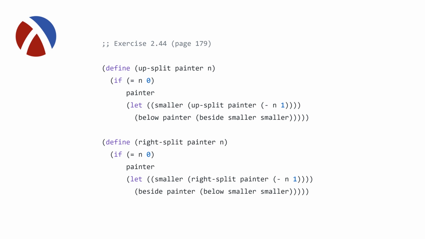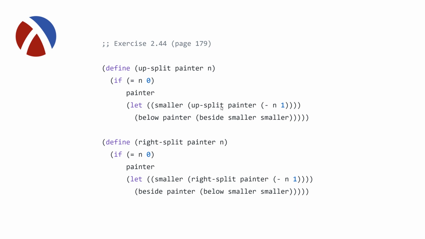We have both upsplit and right split next to each other. As mentioned, if n is equal to 0, you just display the image. Otherwise, in a let binding, you define smaller to be a recursive call to painter, where you are decrementing n. This is where you're putting images next to each other and below each other.